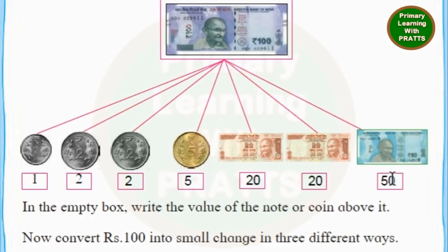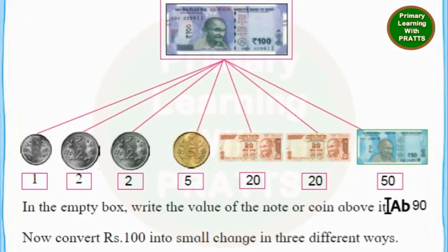Count 5 plus 2. So 5, 6, 7 plus 2, 8, 9. And add a 0 to it. So you will have 90. Just simply in your mind do a mental maths of 5 plus 2, 7, 7, 8, 9 and add a 0. So you get 90.